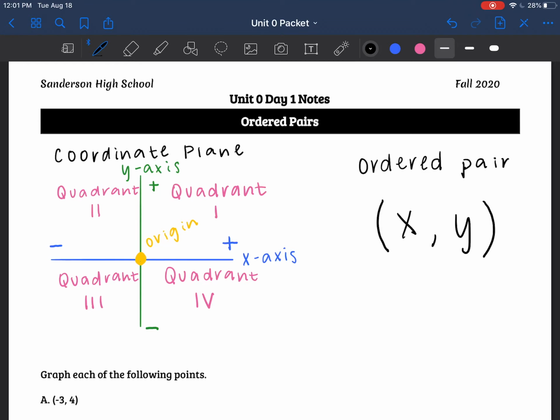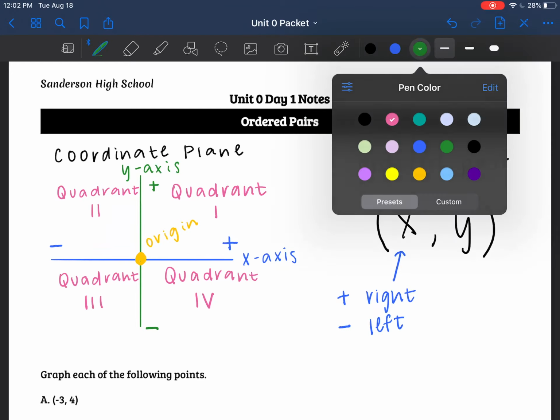The x and the y in your ordered pair correspond to the x and the y on your x-axis and your y-axis. So your x value is going to tell you how many to go to the left or to the right, to move side to side. If that x value is a positive number, we go to the right. That's a positive sign right there. If it's negative, we go to the left.